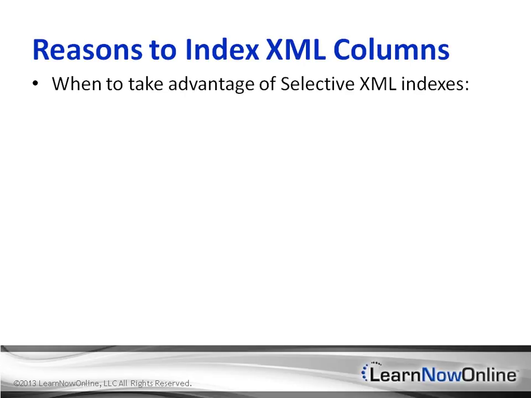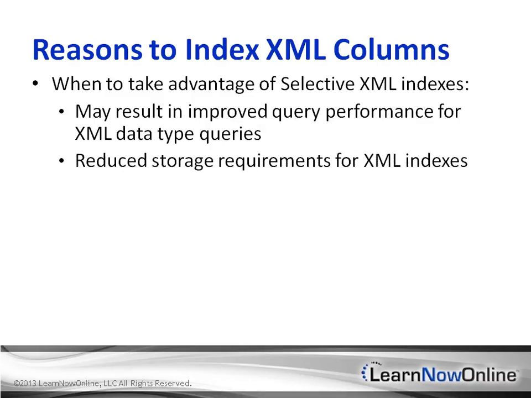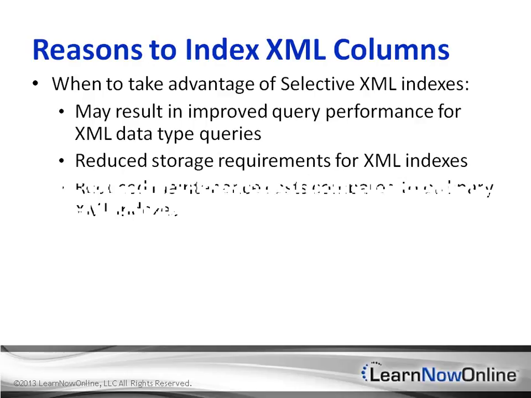What are some of the advantages of the new selective XML index? They may result in improved query performance for XML data type queries. That's because there's reduced storage requirements for those indexes. There's also reduced maintenance costs when you compare that to an ordinary XML index.